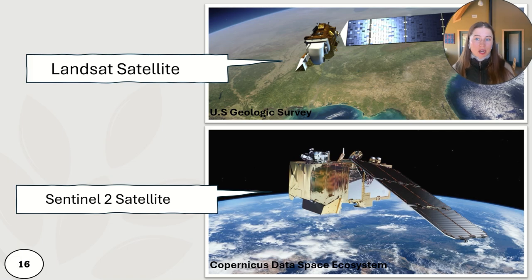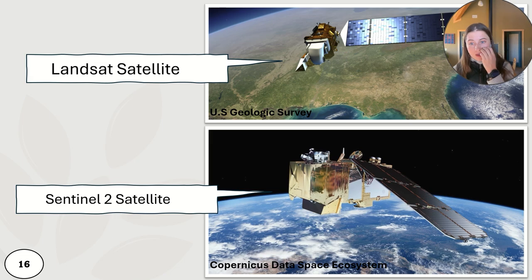So the images processed in these tools to calculate stocking rates come from 2 satellites. The main one being Landsat, which is a satellite program jointly operated by the U.S. Geological Survey and NASA. The Landsat satellite has been collecting images of the Earth continuously since 1984, and it completes a complete imagery of the globe every 8 to 16 days.